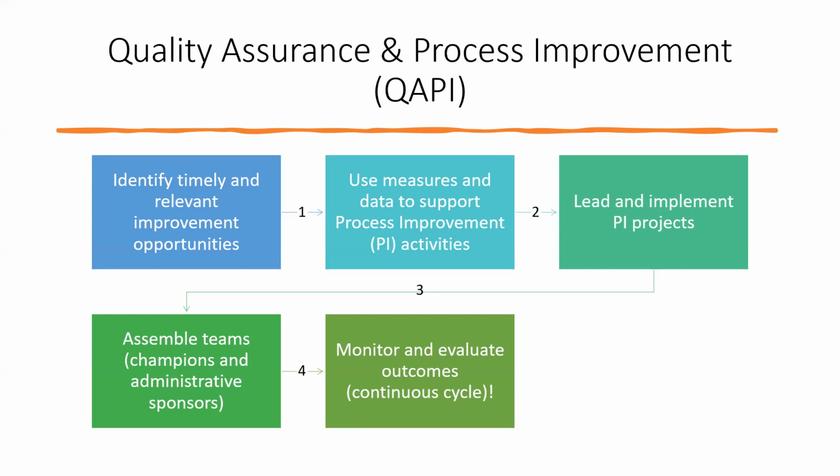So identifying timely and relevant improvement opportunities, using and measuring data to support process improvement, also leading and implementing process improvement projects, assembling teams and champions, and then monitoring and evaluating those outcomes. So this is a continuous cycle, right, of monitoring. So integration with the organization's QAPI program is essential to identify opportunities relevant to the infection prevention program.